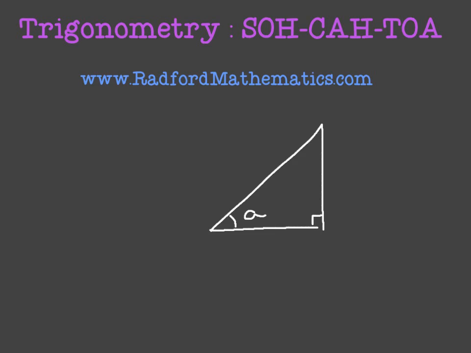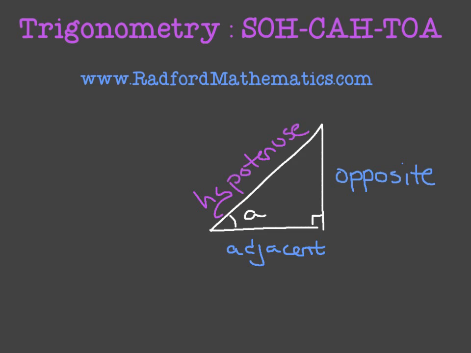We saw in the previous video that relative to the angle A, there was an opposite side, an adjacent side length, and because this is a right angle triangle, the side length opposite the right angle is the hypotenuse.